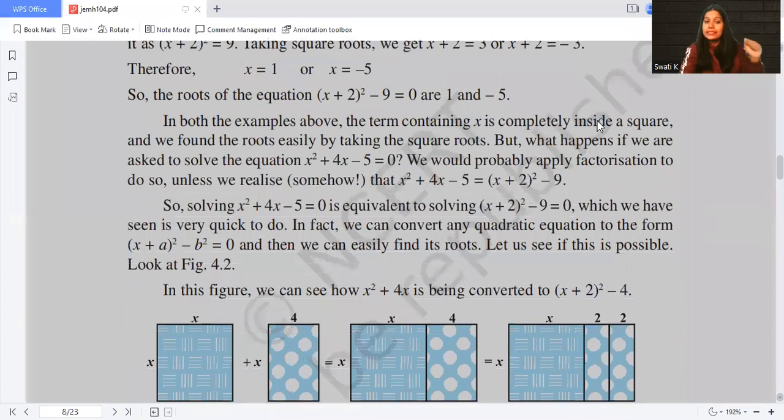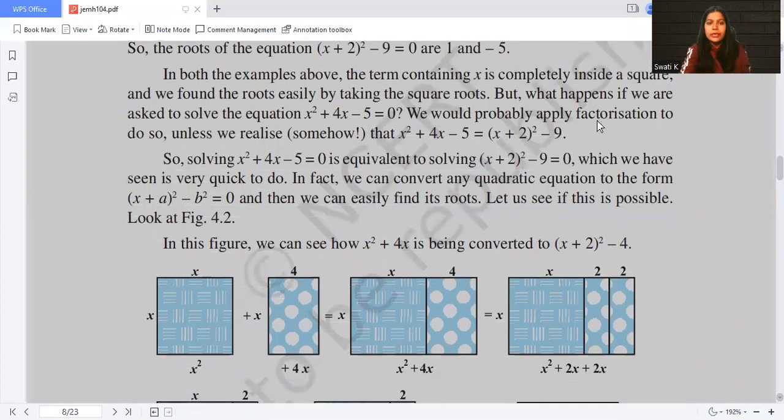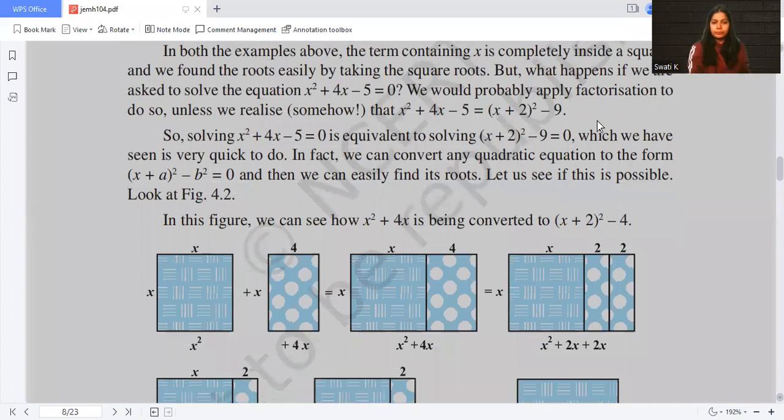But now let's also understand what we actually mean by this. Let me show this using the annotation. You can see here how we write this x square plus 4x.